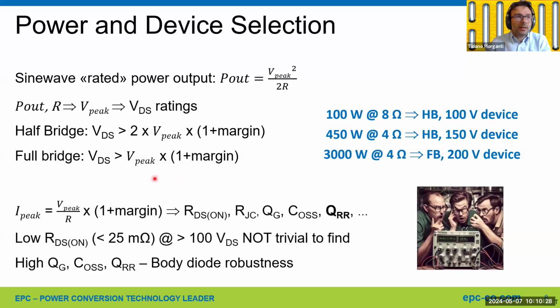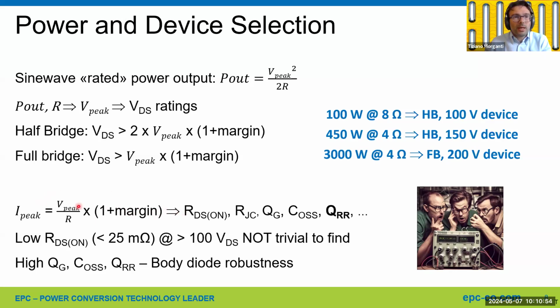In terms of current, the peak current of the amplifier is equal to the peak voltage divided by the load, plus some margin, because the load can fall in some region of the audio bandwidth below the nominal resistance. So you need some overhead to drive the load.